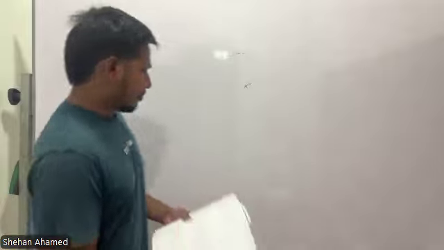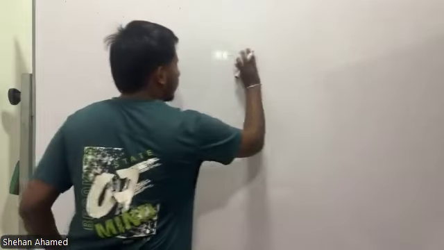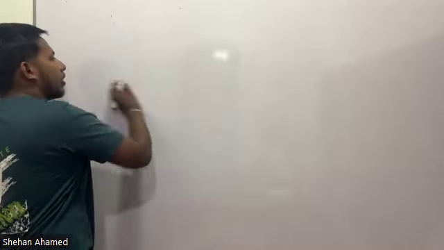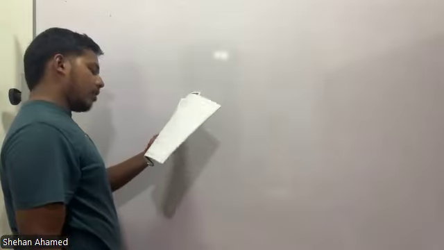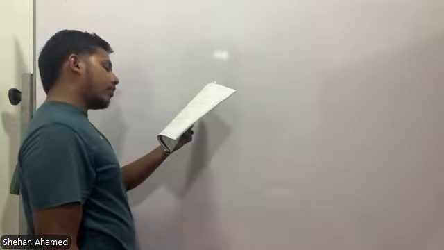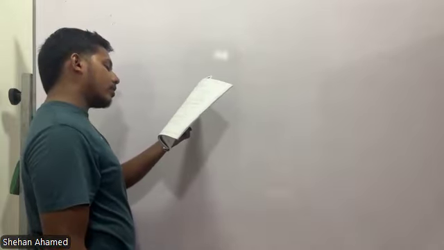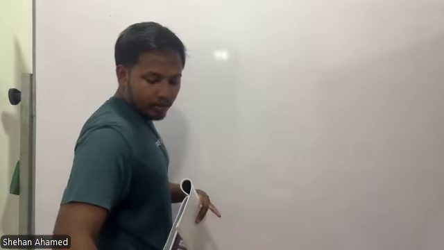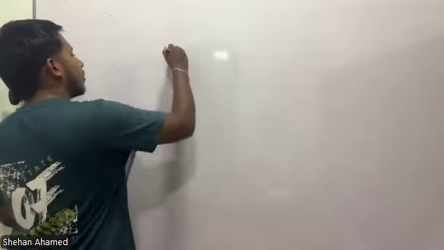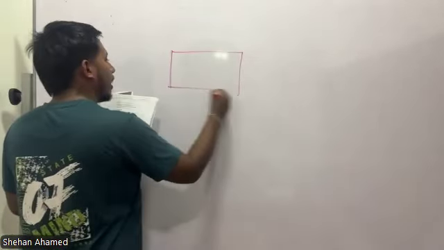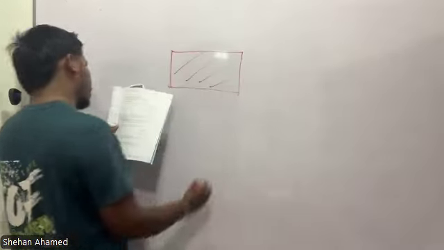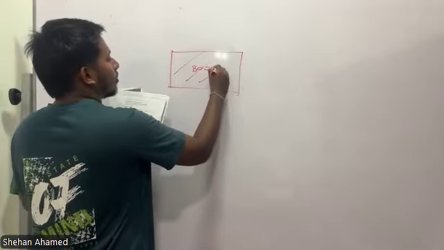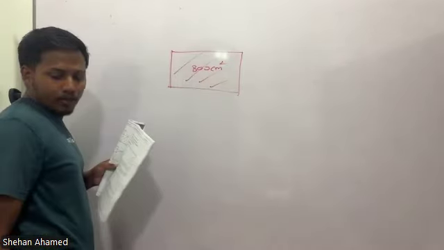Now, they are telling us a rectangular sheet of paper of area 800 centimeters square. A rectangular shape is there, it seems. The area of this rectangular shape is 800 centimeters square.